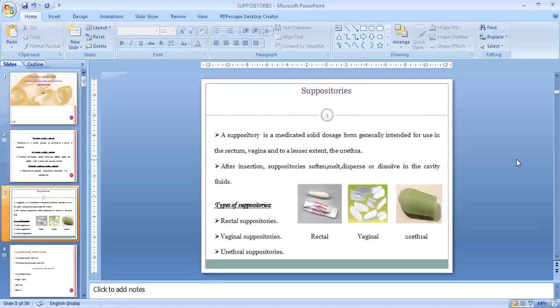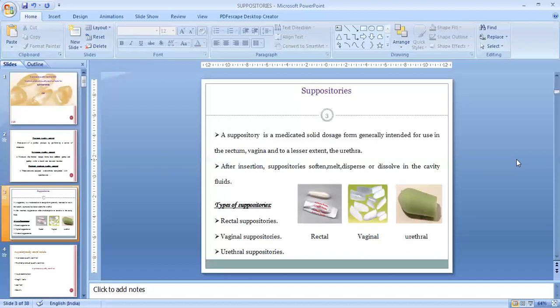So let us talk about what exactly suppositories are and their quality control tests, both in-process and finished product. Suppositories, we all know, are a medicated solid dosage form generally intended for use in the rectum, vagina, and to a lesser extent the urethra.